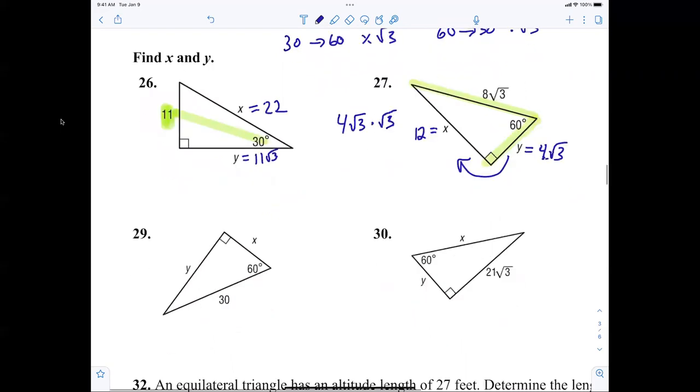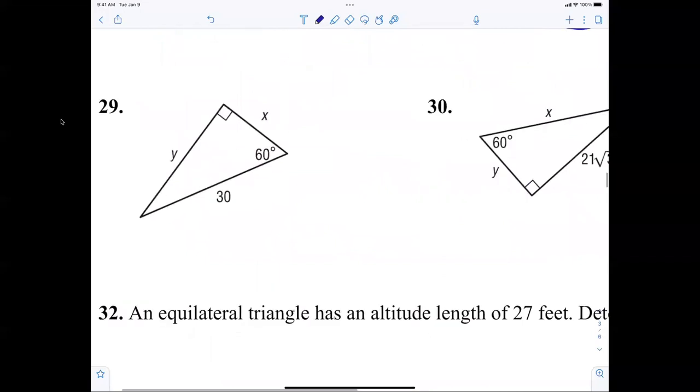All right, once again, everybody take a look at 29. This is the 30. Opposite the 30 is always half the hypotenuse. So what is X? 15. And what is Y? 15 what?